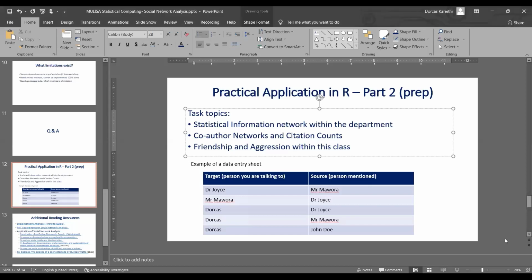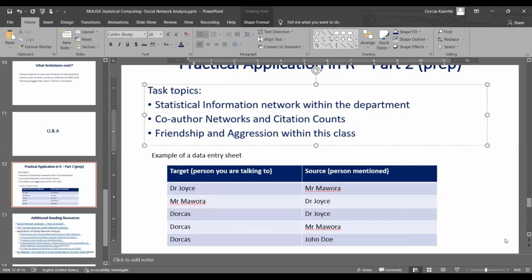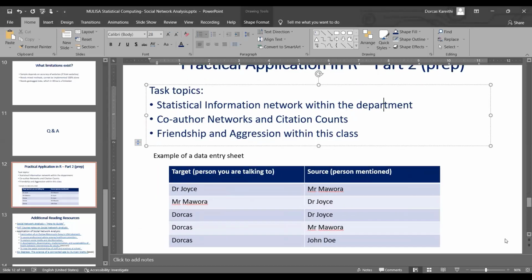If you look at this table, you are looking at the target, which is the person you're talking to, and the source, which is the person you mentioned. For example, for the first topic, statistical information within the department, I ask someone like Dr. Joyce, who do you go to for information on statistics within the department?